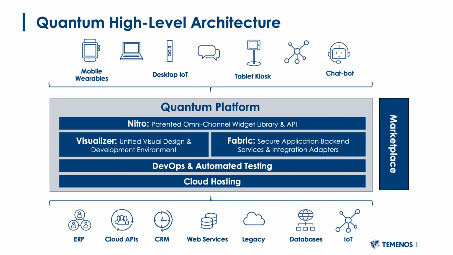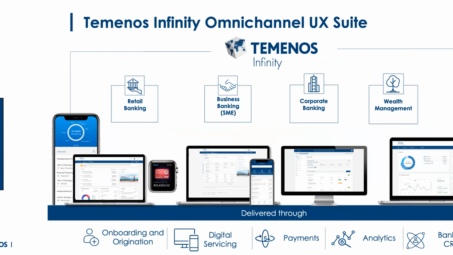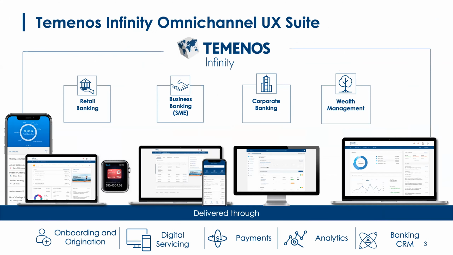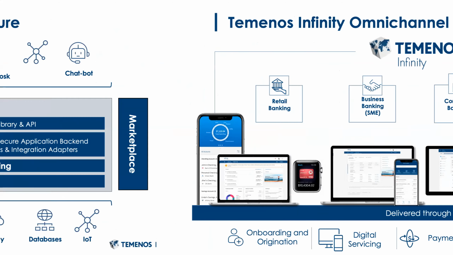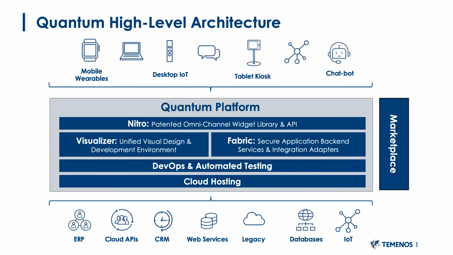So the Infinity suite of applications, which I covered here, including retail banking, business banking, corporate banking, and wealth management, are built on top of the Quantum platform for both native and web. So the Infinity suite of applications used to be called, at least a subset of them used to be called DBX. That term is no longer used.